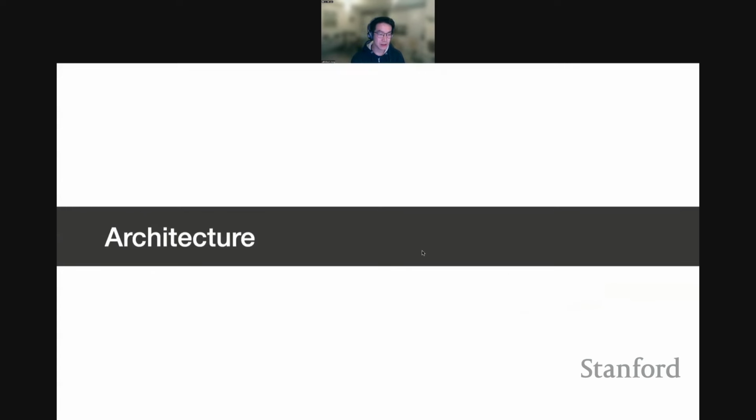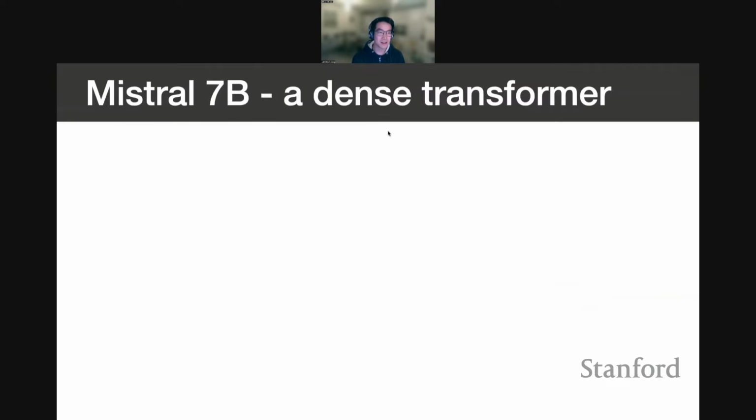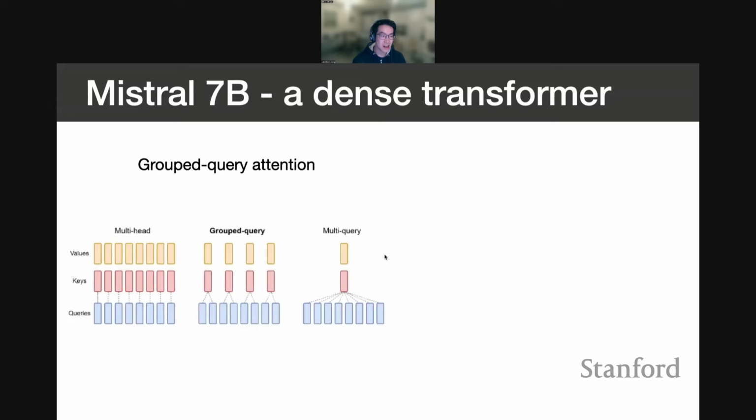So first, let's talk about architecture. We can first talk about the dense transformer architecture that a lot of people must have already talked about. But here I want to focus on the Mistral 7B model, which is a dense transformer. The main difference between the Mistral 7B model and the rest of the dense transformer models is that it has group query attention, which is different from the multi-head and multi-query attention, somewhat in between.